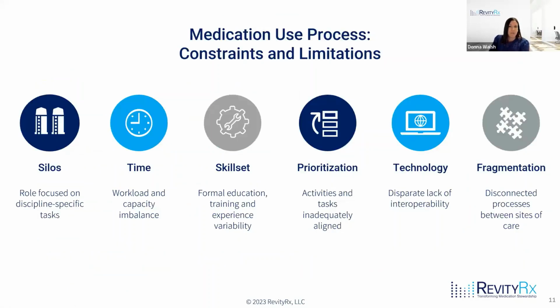So this slide really begins to show the broad lens of the medication use process and some of the constraints and limitations that we end up being faced with. When we talk about medication use process, there are a multitude of definitions out there, but it's important to simplify thinking about it, not just about procurement of the medication or dispensing of the medication, but really thinking about it more broadly, starting at the point of determining whether there's a need to treat.